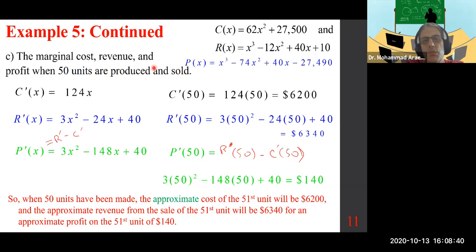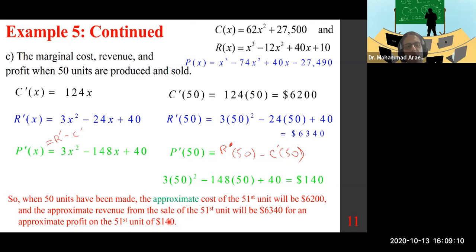So this C prime of 50 is the marginal cost that represents the cost of producing the next item. And the approximate revenue from the sale of the 51st unit will be $6,340. This is how much we make as the revenue for selling the next item. And this is how much we make as the profit of selling the next item, okay?